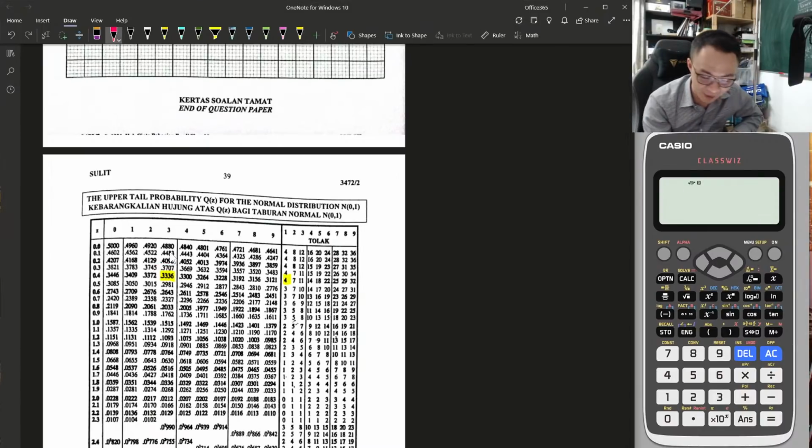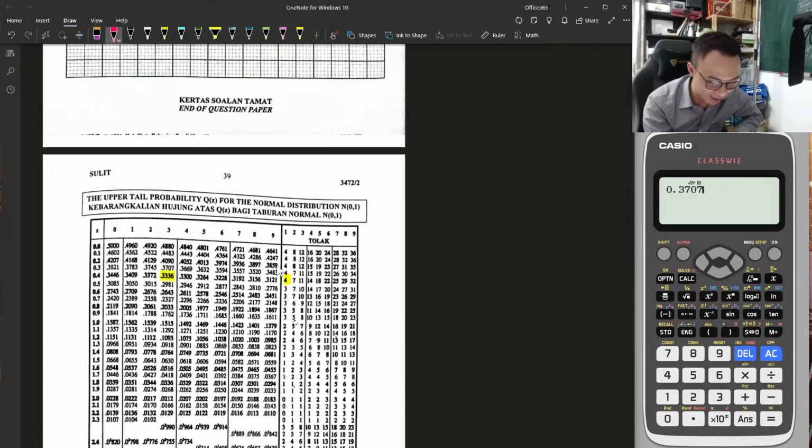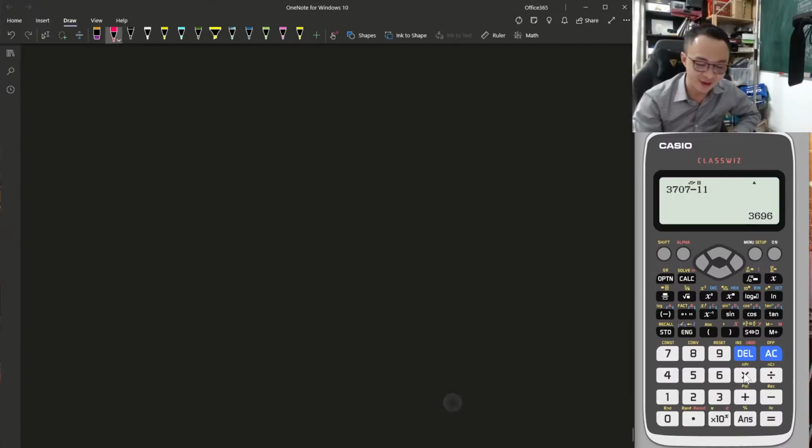0.33 is 0.3707. Then I need to subtract 0.3, I need minus 0.11. So you just imagine 0.3707, I cancel the 0.11, I cancel the 0 to minus 0.11. So this is exactly the answer I got just now, isn't it?